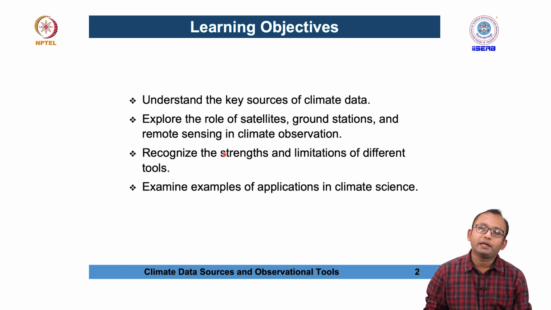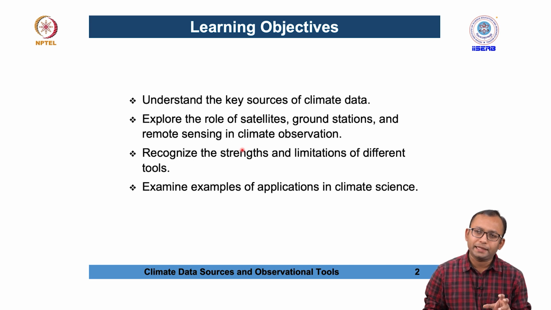Then we will recognize the strengths and limitations of different data tools and processes, and then examine some applications or case studies based on different data sources, such as observed data, reanalysis data or satellite based observations.